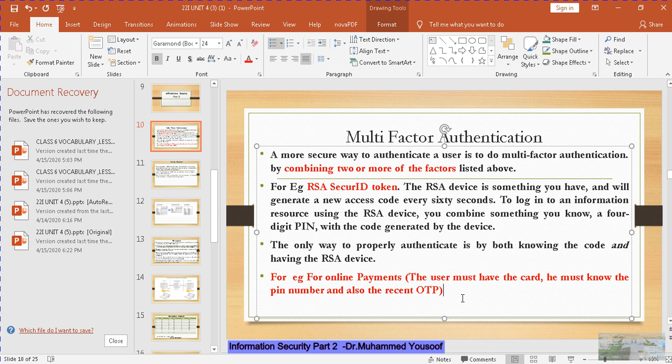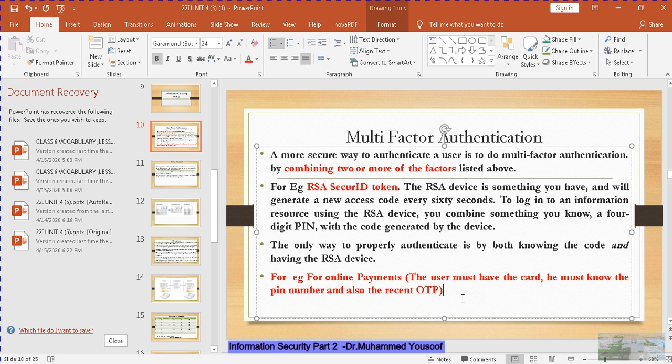Now what is the advantage of this one? Imagine somebody has lost the card. Somebody found the card. They try to do some transaction with the card. They cannot do the transaction. Why?